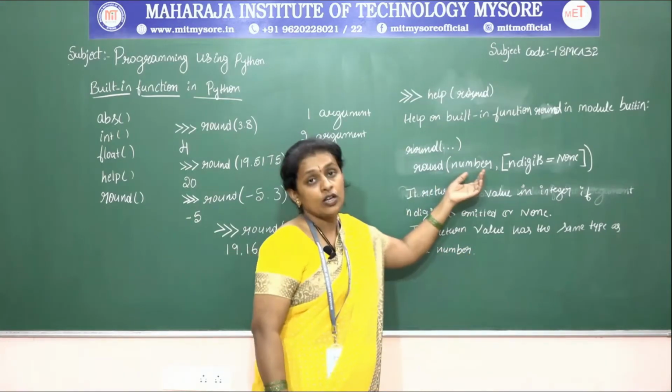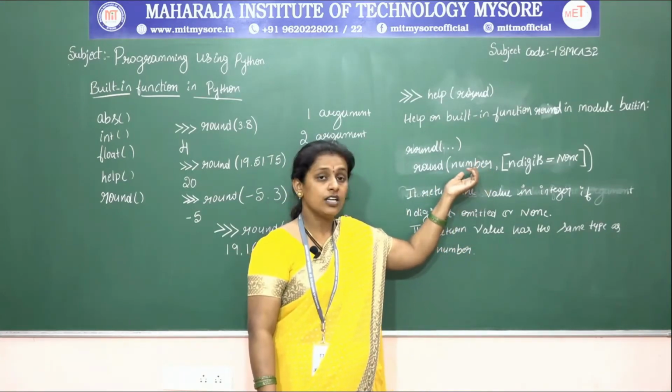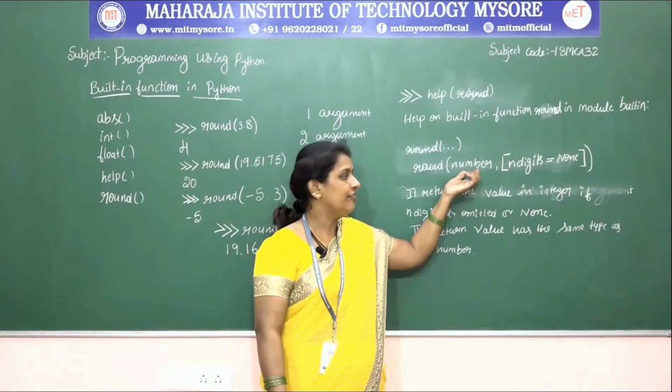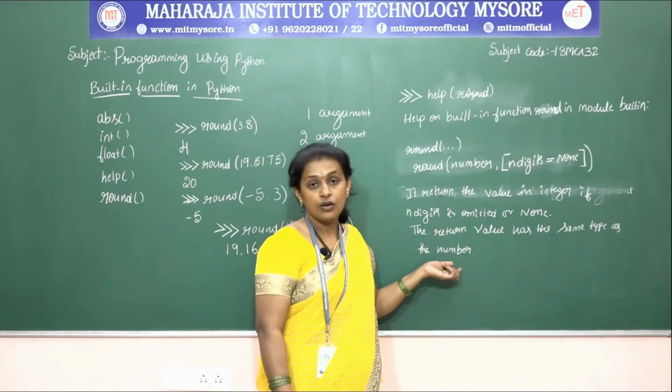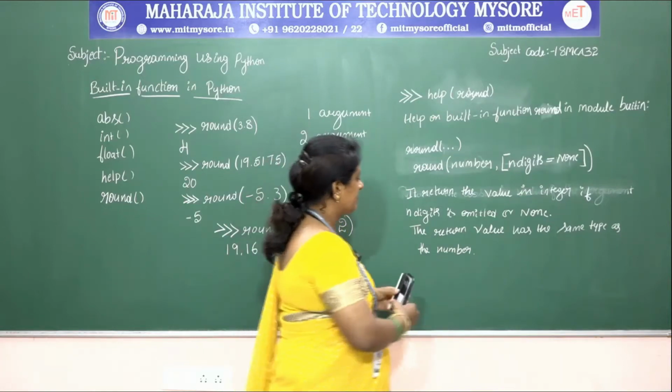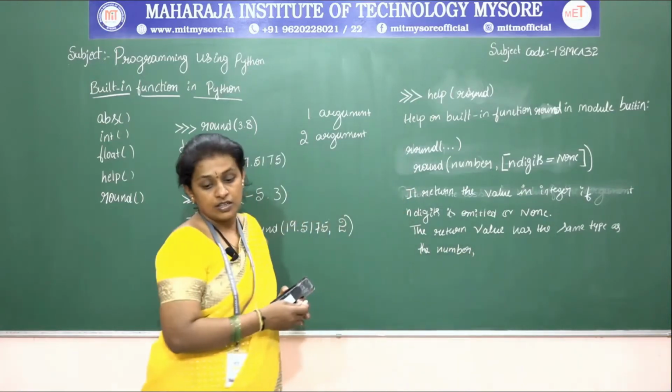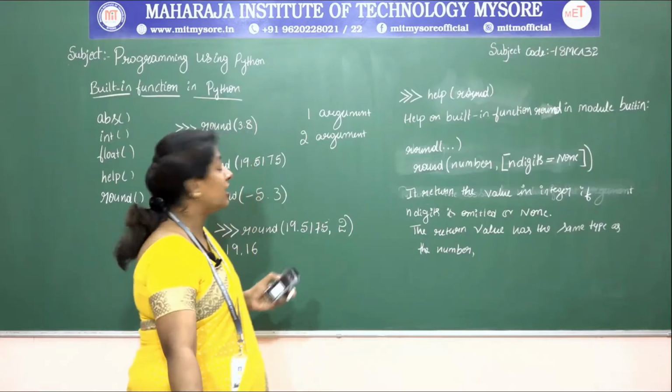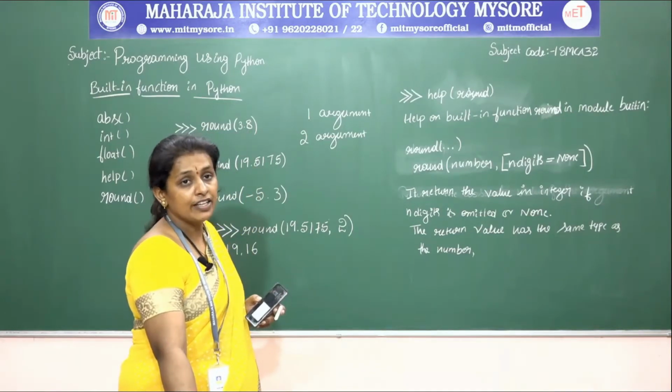So whatever number we have passed, the same type of return value will be given. So this is how the round built-in function works.